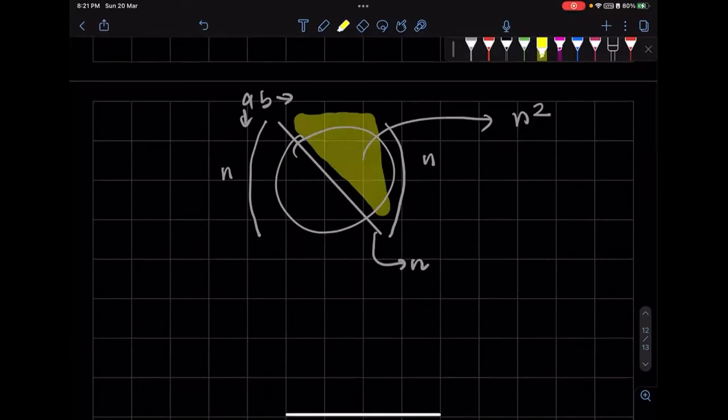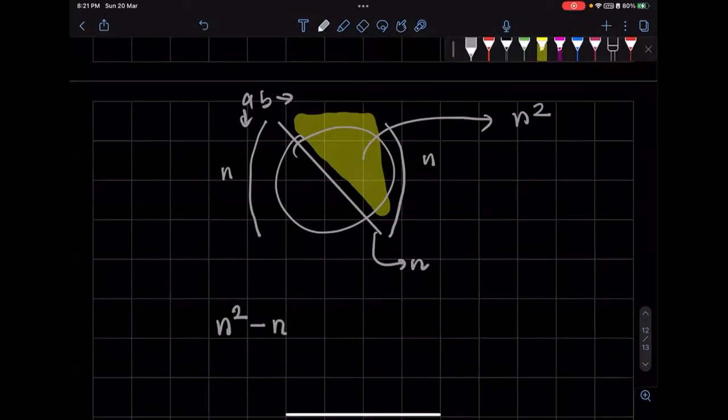Where a is greater than b or b greater than a? It doesn't matter. One is greater than the other, right? So we say, okay, the matrix has n squared elements, and we subtract from it the number on the diagonal.